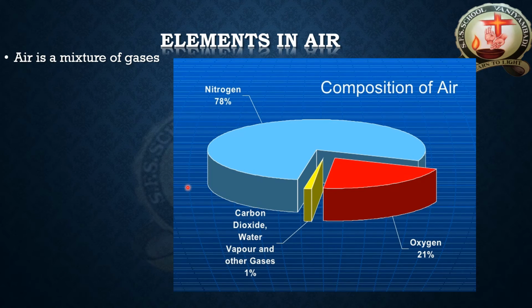So the government and so many organizations are helping to bring down global warming. Global warming is nothing but this: we are using a number of petroleum products. The petroleum products emit a larger amount of carbon dioxide. So what happens to the carbon dioxide? It settles on the top of the earth layer. The earth layer is protected by the ozone layer.